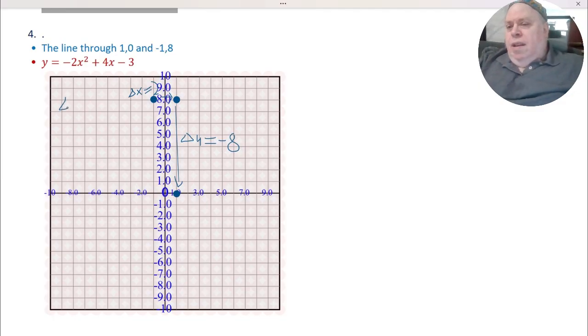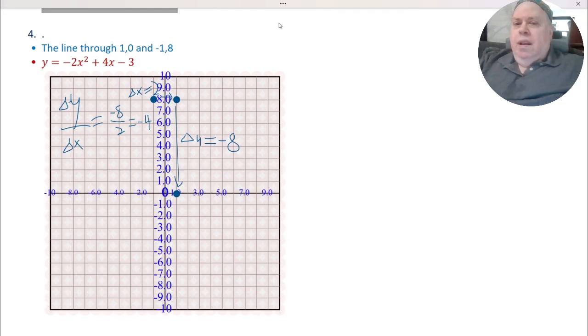So that gives me delta y over delta x. And bear with me because I'm drawing this all with a mouse. Equals minus 8 over 2 equals a slope of minus 4.